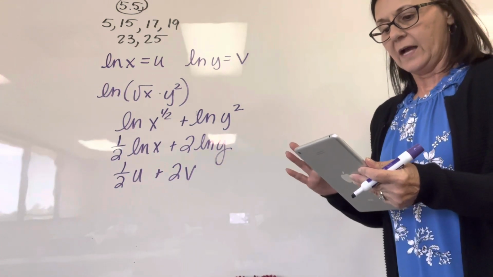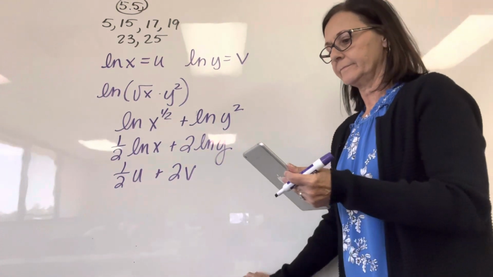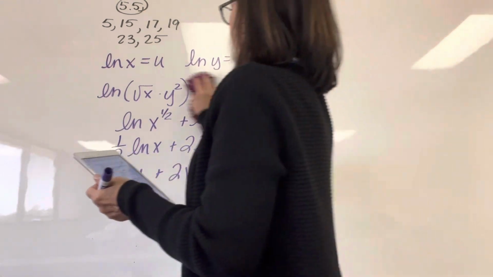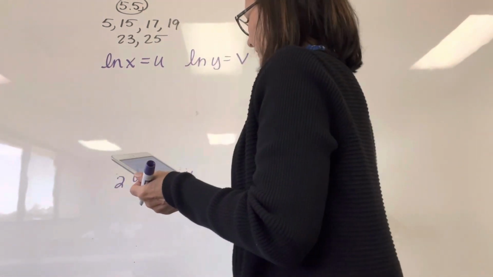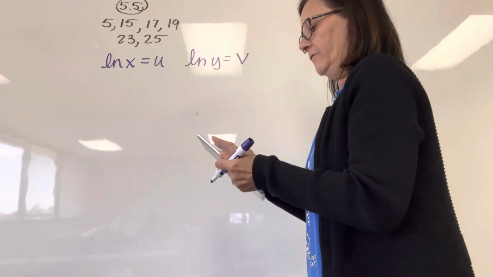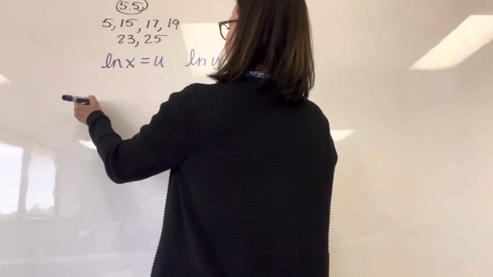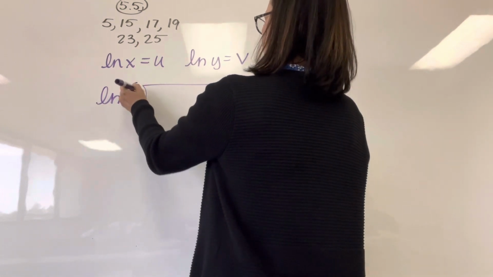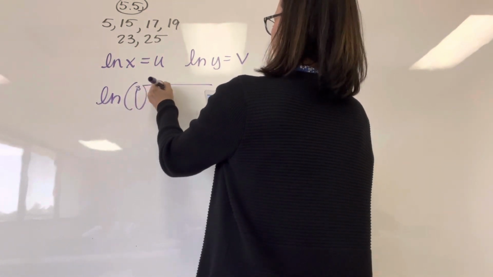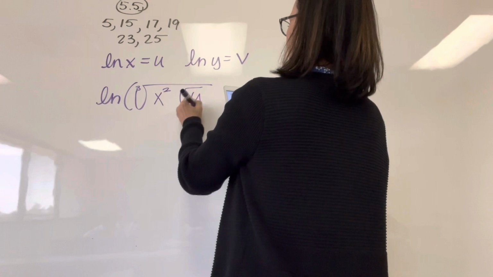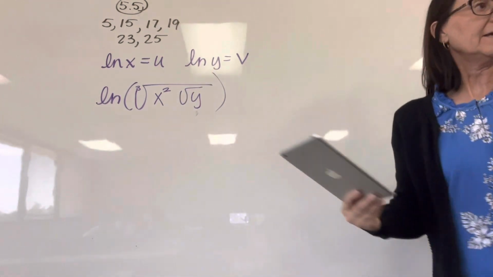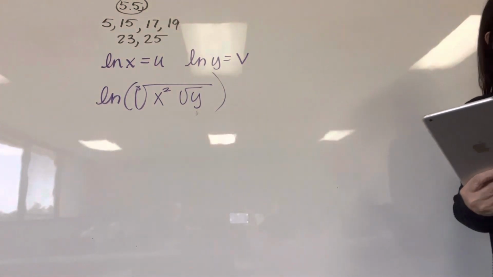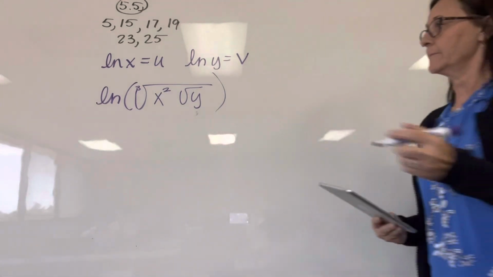All right, 25. I'll leave that up there. I feel like I have to simplify this first. This is the ln of the cube root of x squared square root y. I'm going to change y to y to the 1/2. That would be the first step. Make sense?